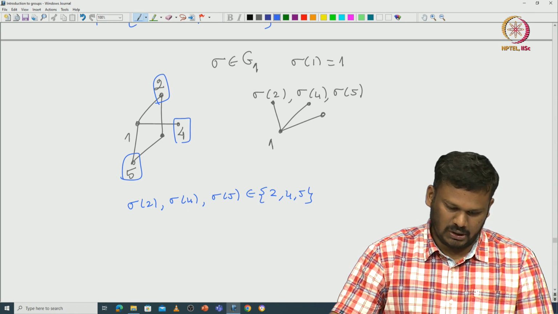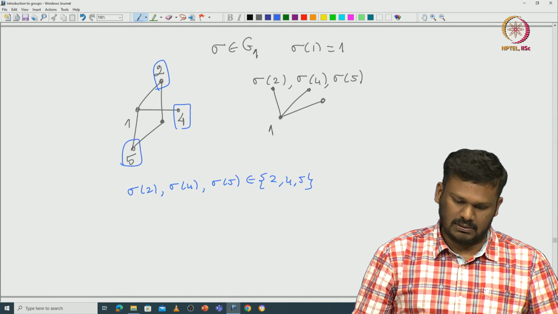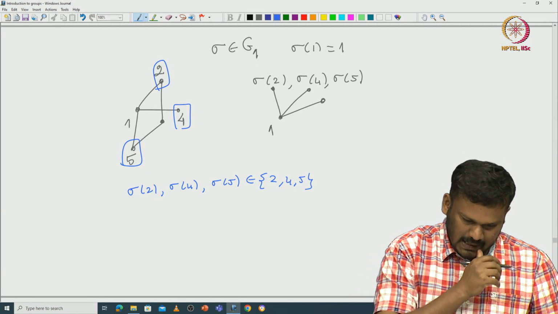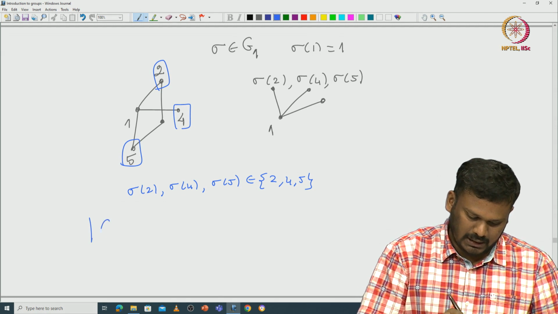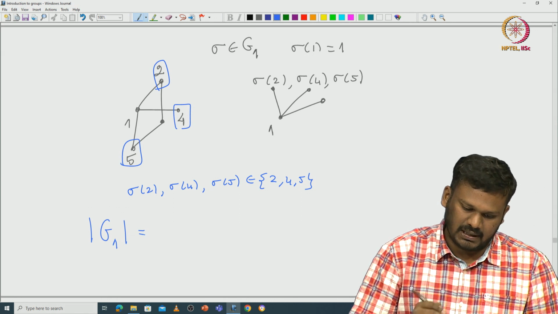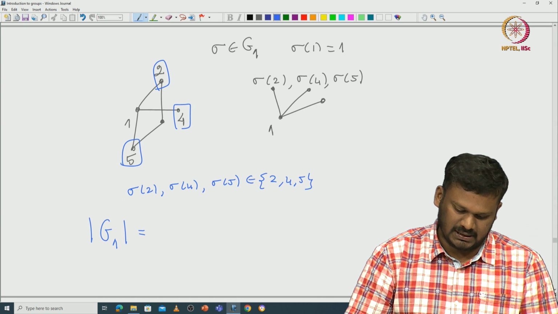So, in particular, if we restrict the action of G1 to these vertices, and we are interested in calculating the cardinality of G1, then what will happen? For example, I can pick 2, which is in the vertex set.